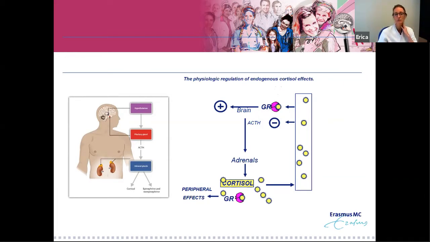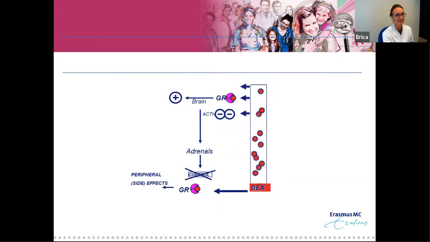This cortisol exerts its effects in the tissues, but it also exerts an effect in the case of a feedback system at the level of the pituitary. So when the level of cortisol is enough, it gives a signal to the pituitary to stop producing ACTH. That's the physiological situation. But what happens in the case of synthetic glucocorticoids?